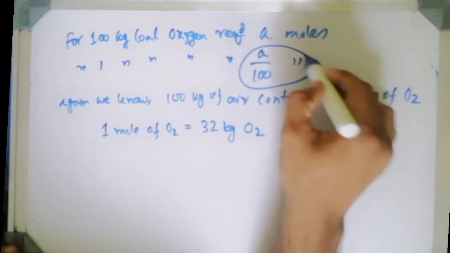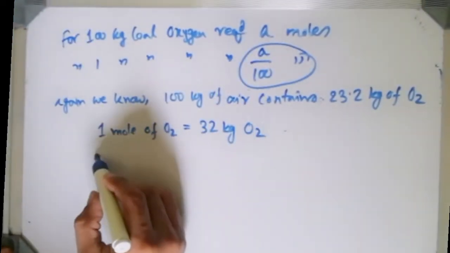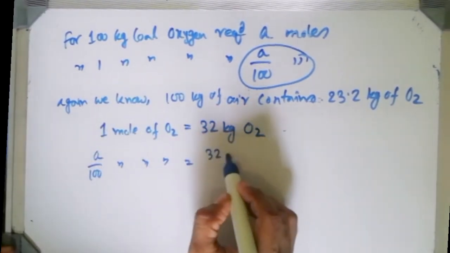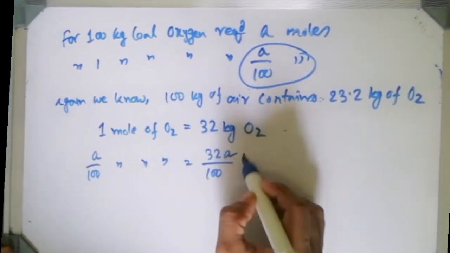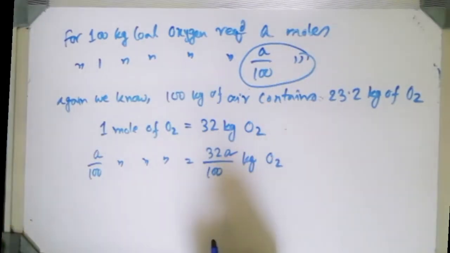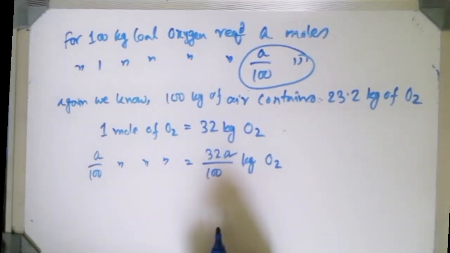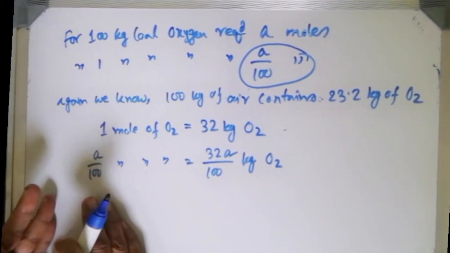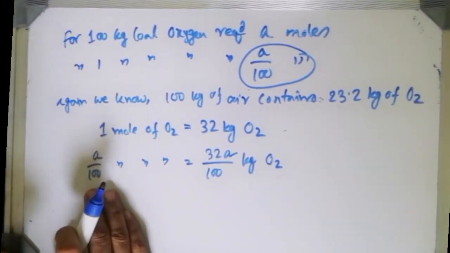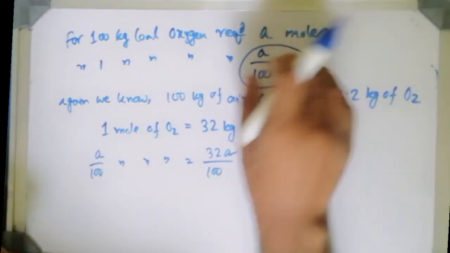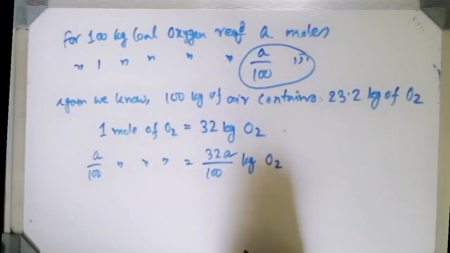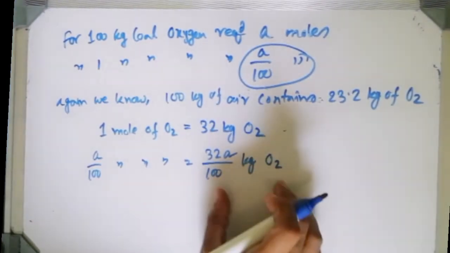I am converting the moles into physical mass. So A by 100 moles of oxygen is required for 1 kg of coal burning. If you convert that amount of moles into kg, that will be the amount of oxygen in kg. Now this amount of oxygen we need to supply for complete combustion.